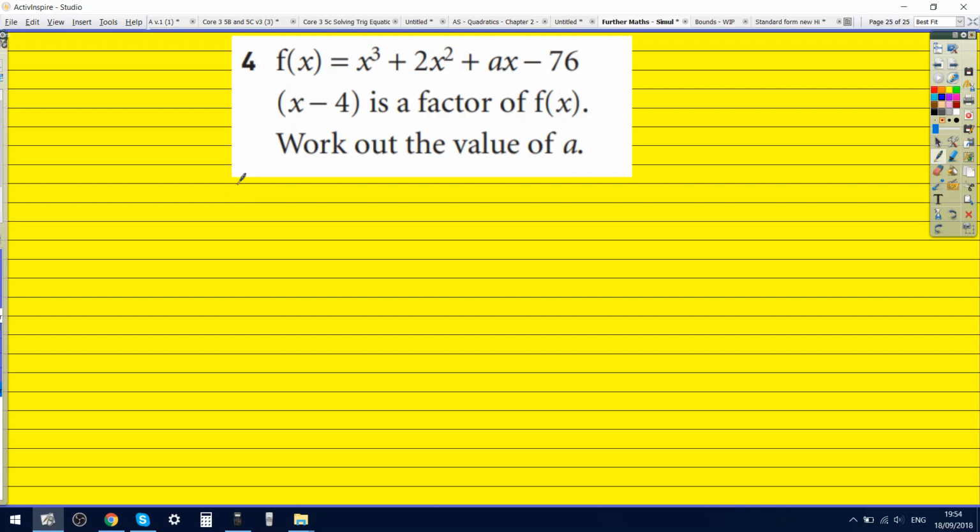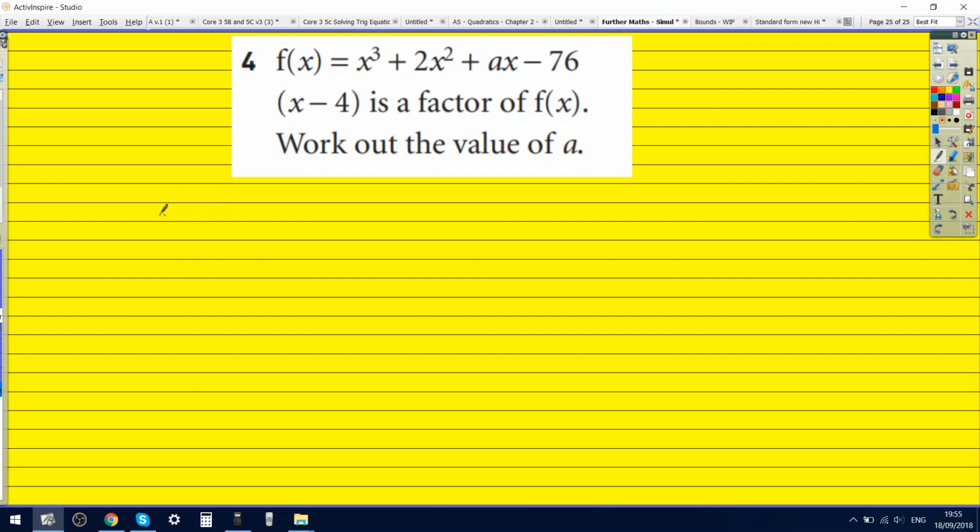F of x is x cubed plus 2x squared plus ax minus 6. So x minus 4 is a factor of f of x.